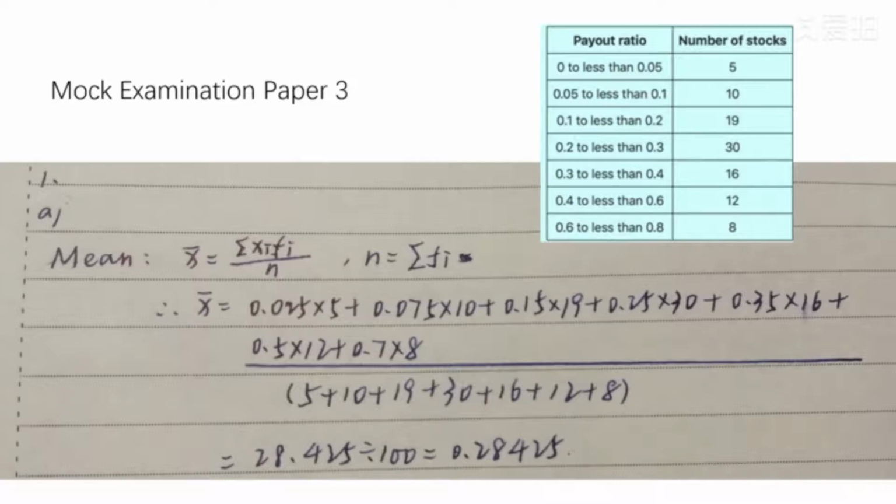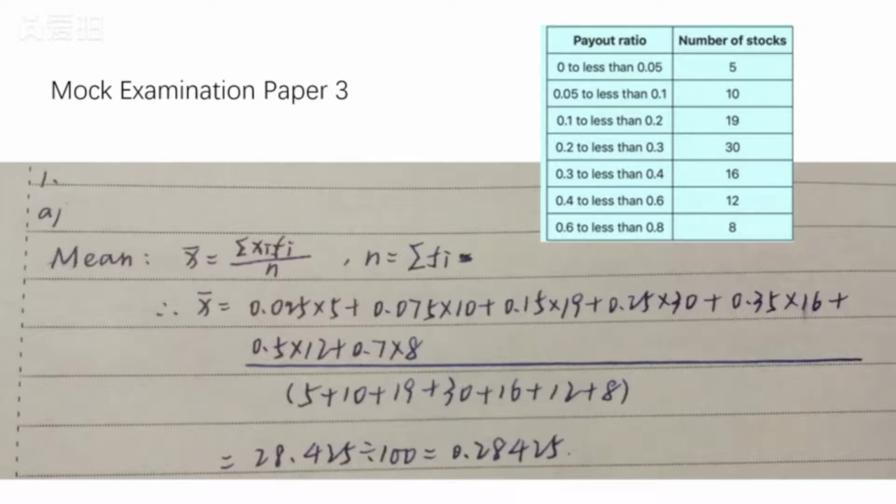The frequency of the first group equals the number of stocks in the first group, which is 5. So we just multiply them together. For the other groups, we use the same way to calculate the class mark and find the frequency.